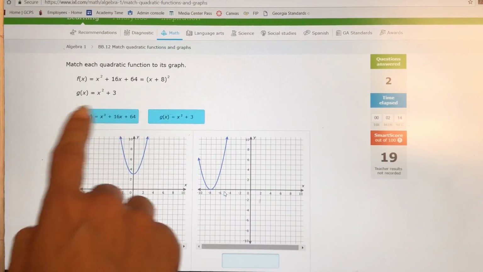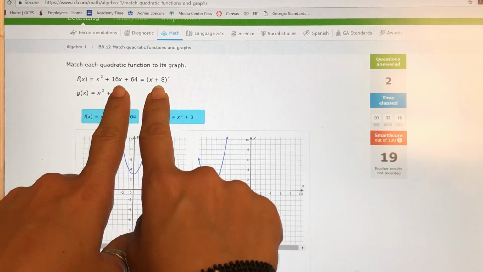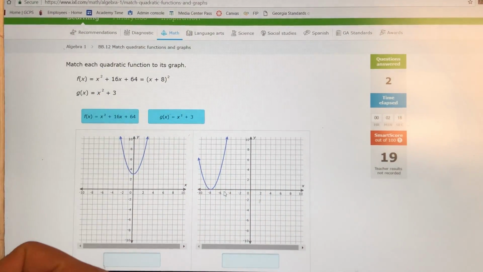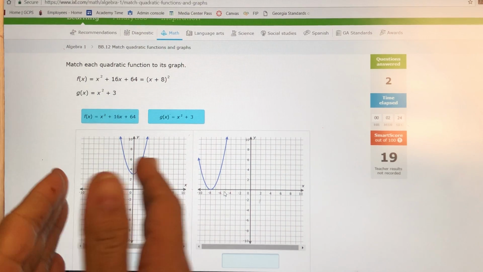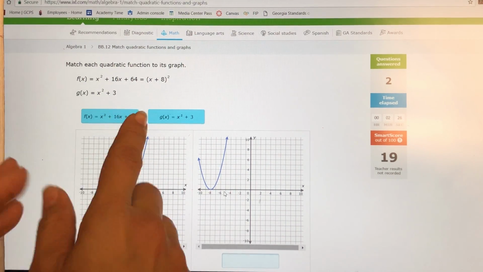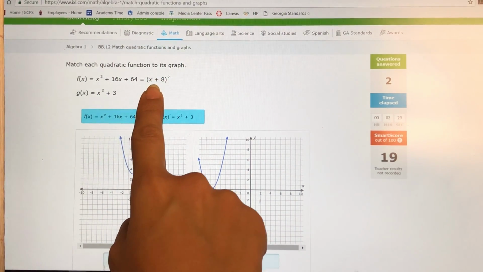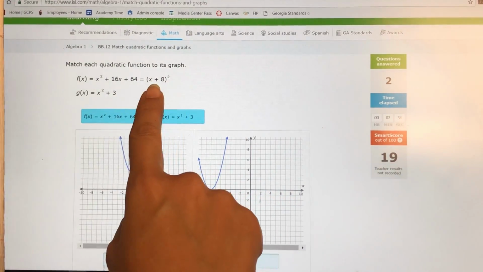All right, now the nice thing is they've also rewritten it for you in vertex form. These are both positive, so I can't do a shortcut with that. However, I can use some information that I know. So let me take this one. They've already written this for me almost in the format that I need.